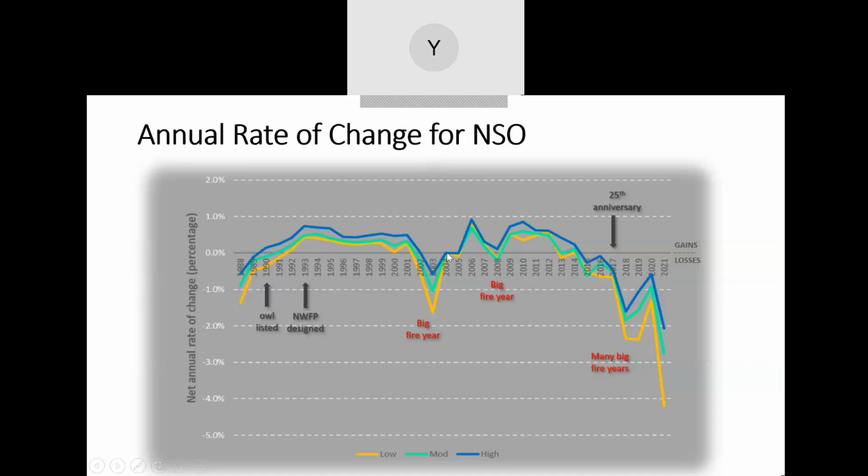Even mapped fire refugia can also be burned under the right conditions. So all those big fire years, 2003, 2008, show a big drop. Without fire, we see the mapped refugia area mainly in positive increase territory.